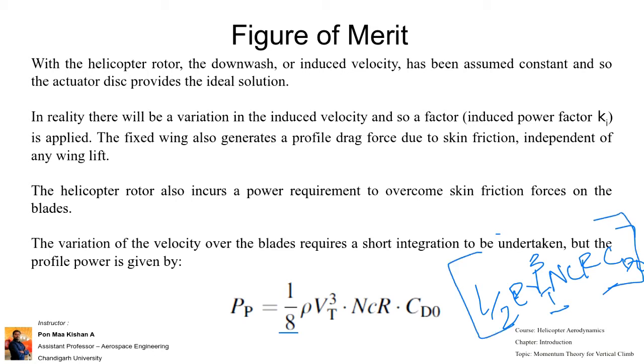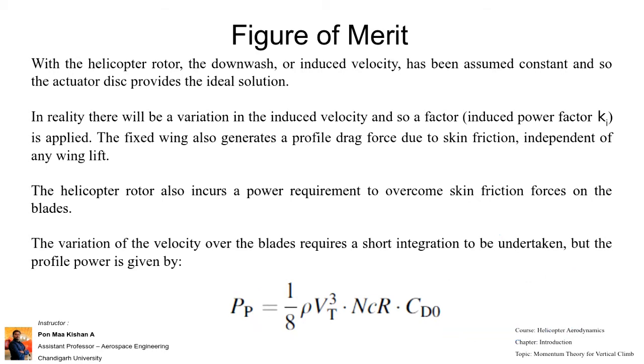So this is giving the overall power. Whatever we are calculating is giving the overall power, but we want to identify the power due to the profile drag alone. Experimentally it was found that the profile power will be 1 by 4th of the total power.